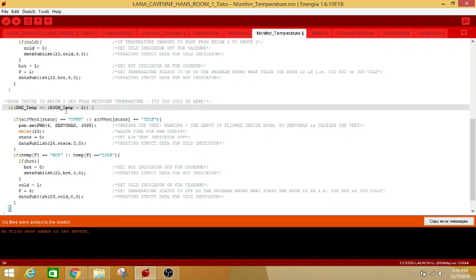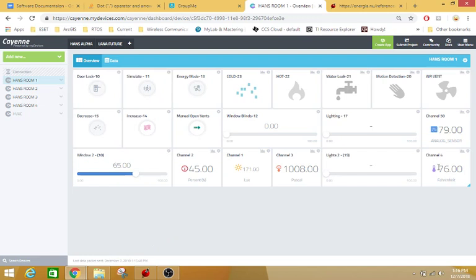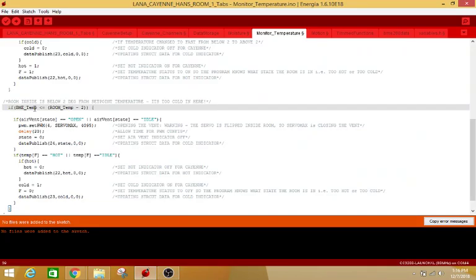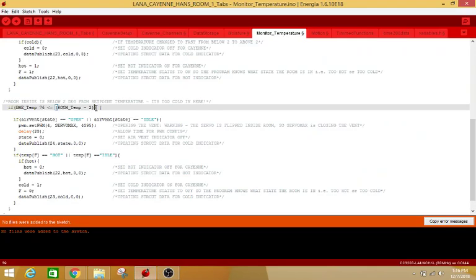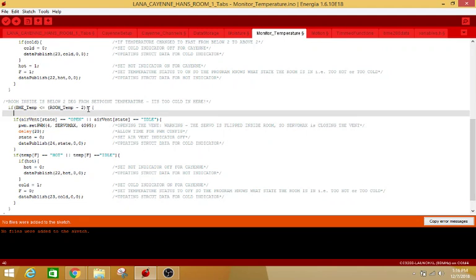Means it's cold in here. Okay, so BME temperature, which right now is reading 76. So this value is 76. And room temp minus 2, well, right now it's 79, so 79 minus 2 is 77. And 76 is in fact less than or equal to 77. So that's why this statement is falling into this if statement.